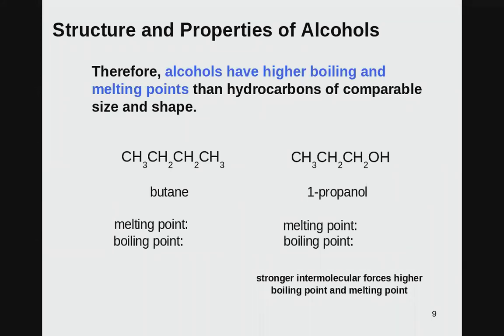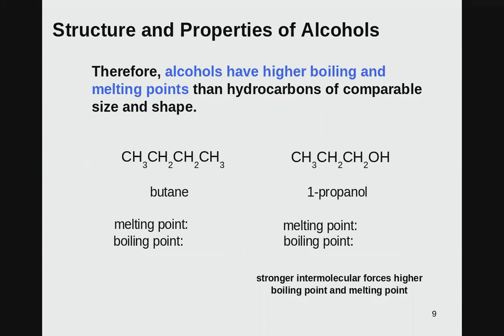Butane, melting point, minus 138 centigrade, boiling point, minus 5 degrees centigrade. And we can look at propanol. Similar, again, we're replacing this hydroxyl group with a carbon, but we have 3 carbons, similar size, not too different mass-wise. Melting point, minus 127, boiling point, 97.